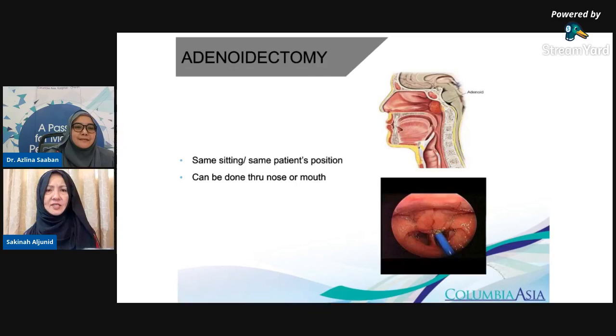So you were saying the adenoid is common among children? Yes, it is more common in children.